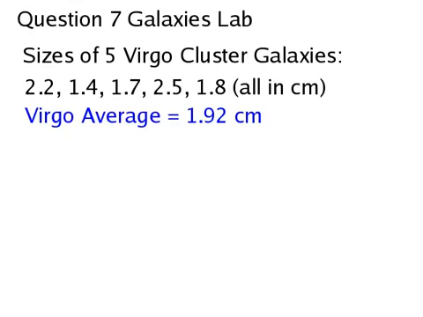In this case, we have 5 values: 2.2 plus 1.4 plus 1.7 plus 2.5 plus 1.8, and then divide by 5, because we had 5 values that we wanted to average. A good way of checking if you've calculated somewhat correctly is that the average has to be smaller than the largest of the individual numbers and larger than the smallest number. So it has to be fairly in the middle range of all those numbers.